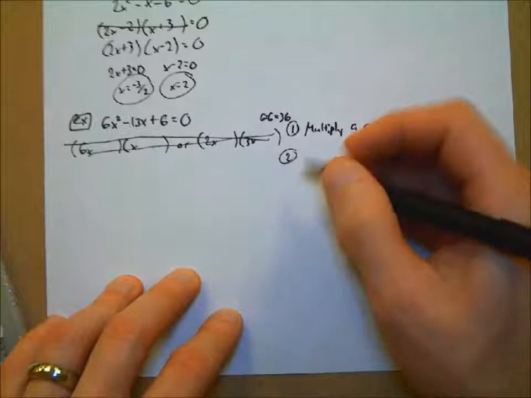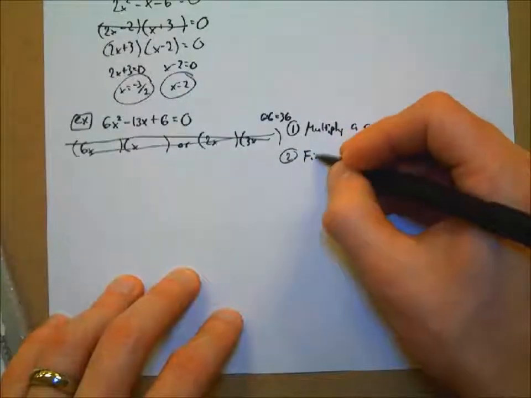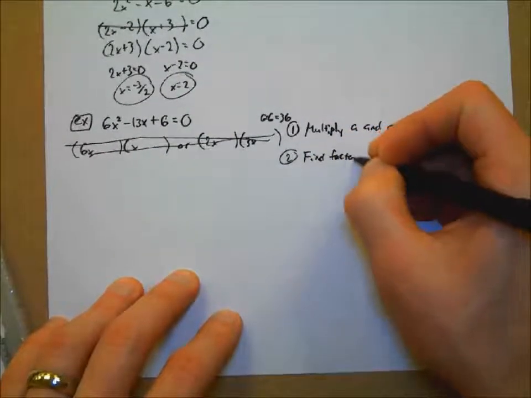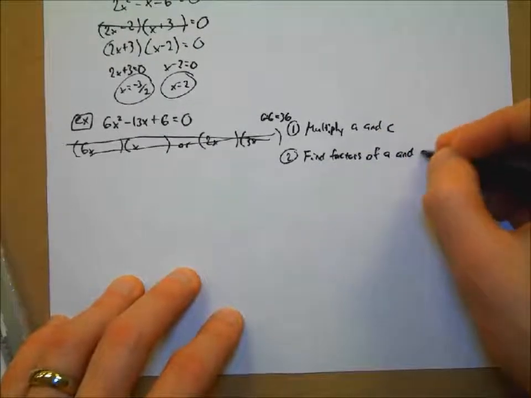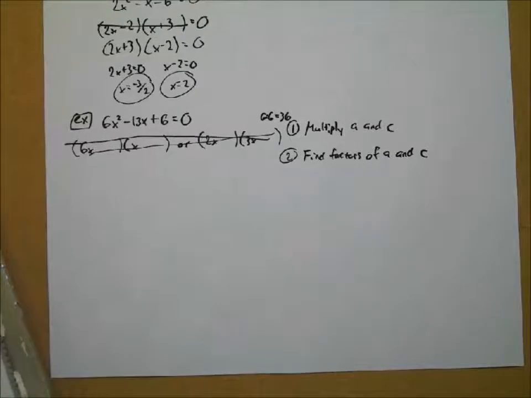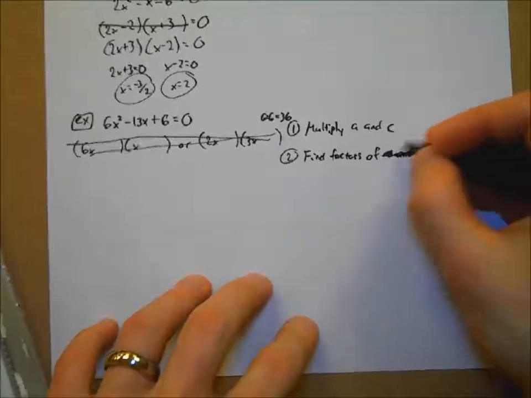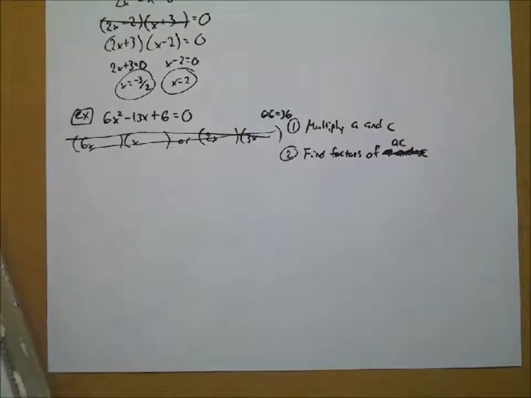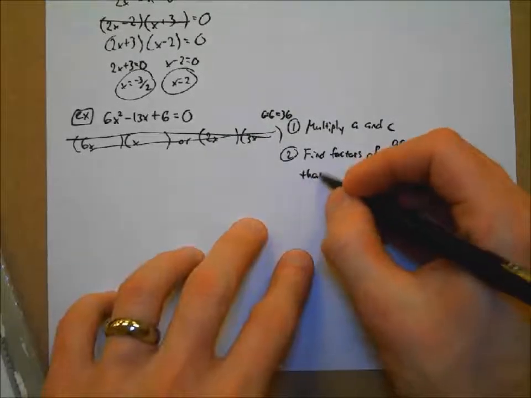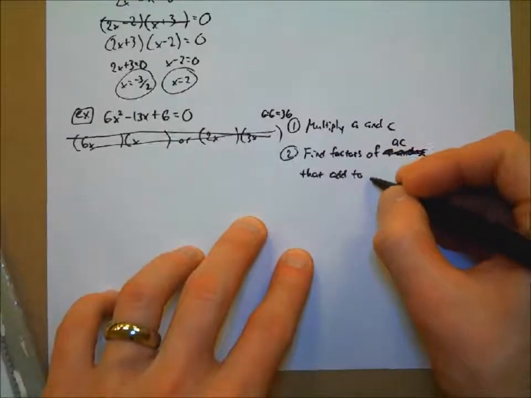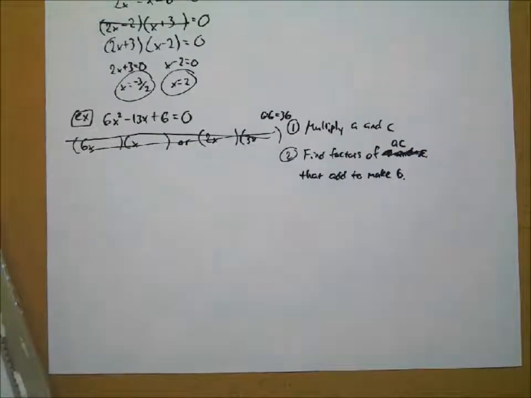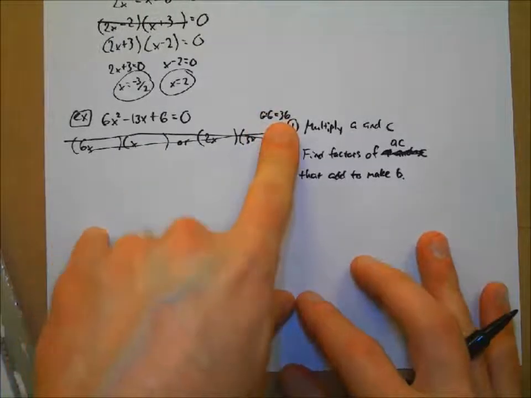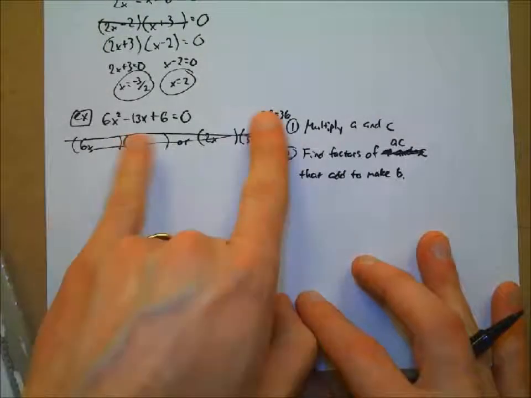You want to find factors of AC, find factors of that product, that add to make B. So we need two numbers that multiply to 36, but add to make negative 13.